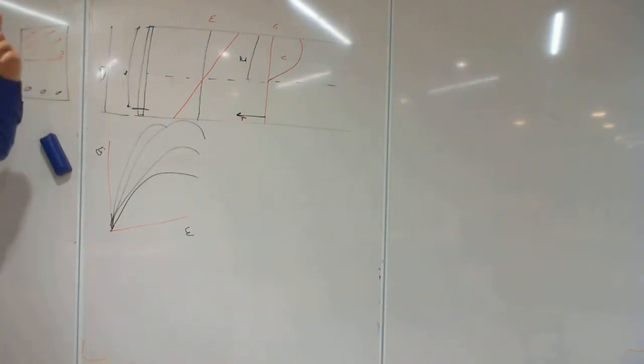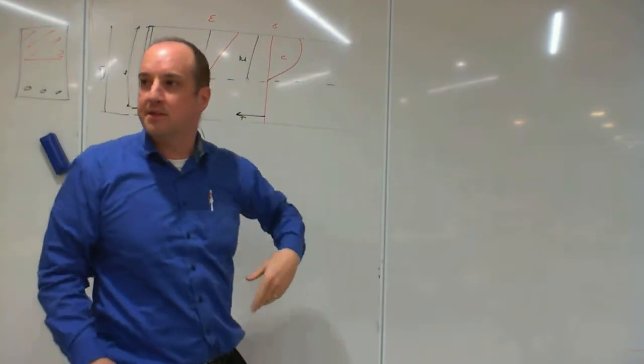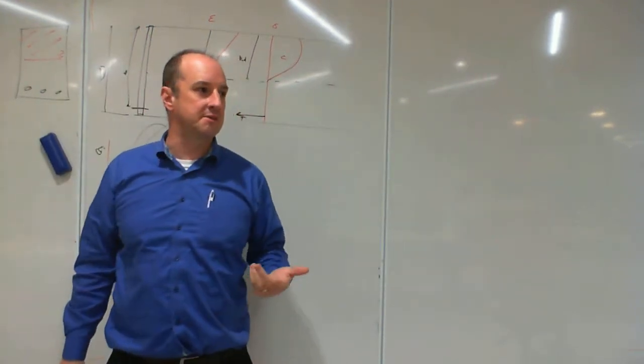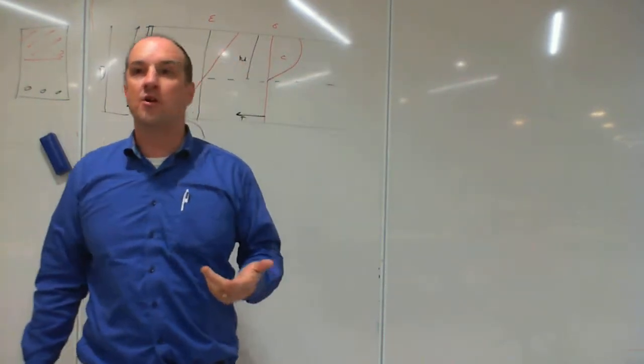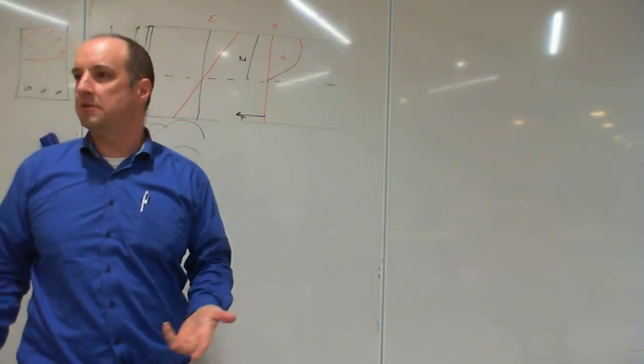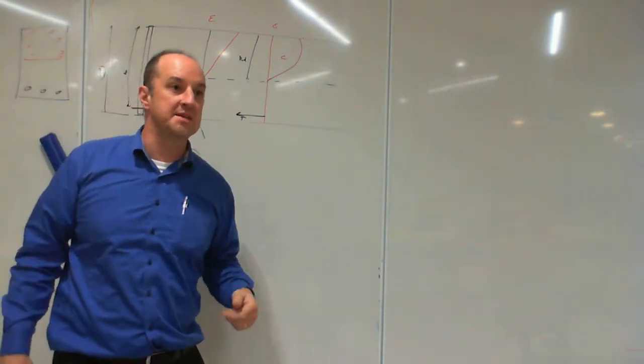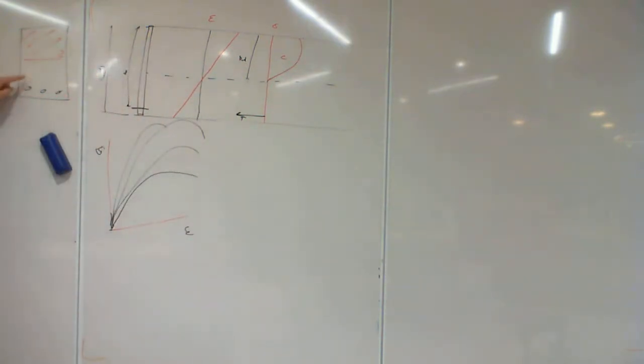Now we know steel is much stronger than concrete, right? Reinforcing steel has a yield of 500 MPa. Concrete has a strength of whatever you mix it at, say 32 MPa. 500 compared to 32, you need a much larger area of concrete to equalize that force. So that's why you've got this relatively small area of steel, big area of concrete.